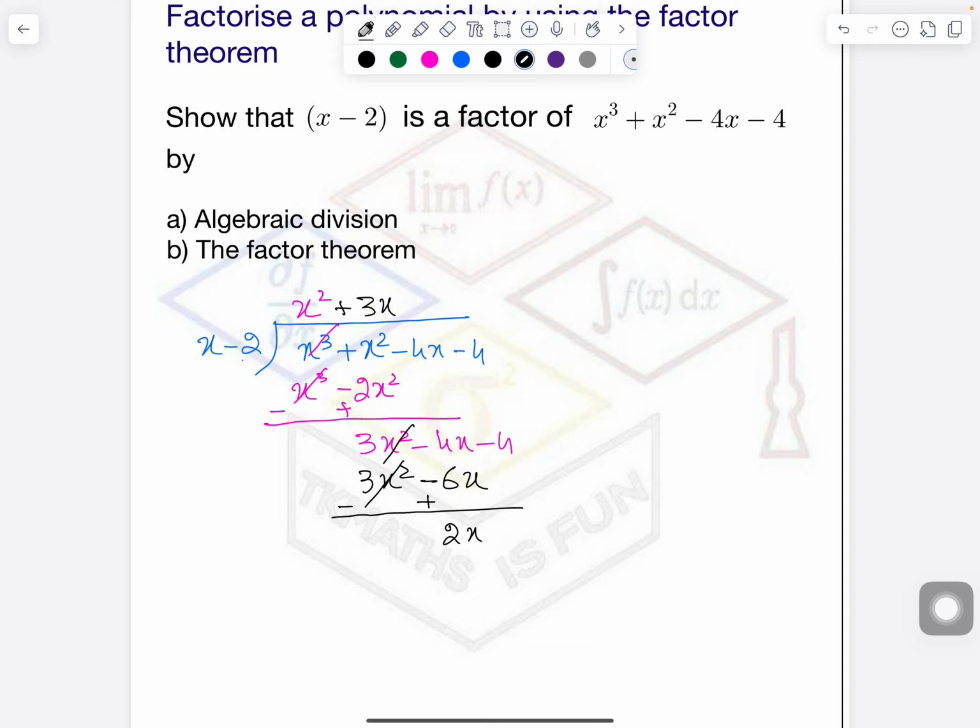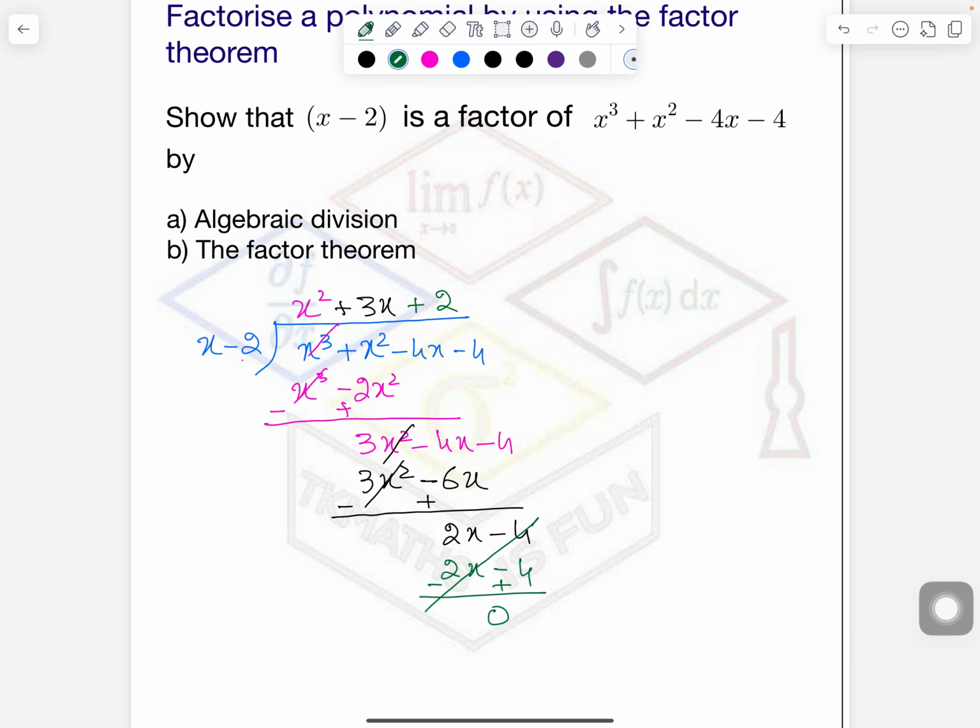So it is 2x minus 4. Now x multiplied by plus 2 will give me 2x. And minus 2 times 2 is minus 4. So now with the help of long division, algebraic division of polynomials, we have shown that the remainder is 0. So proven that x minus 2 is a factor.